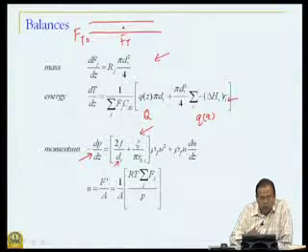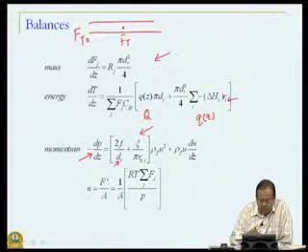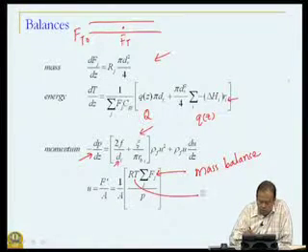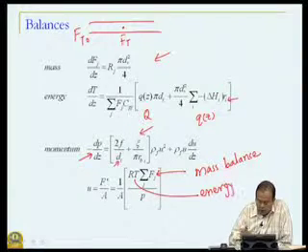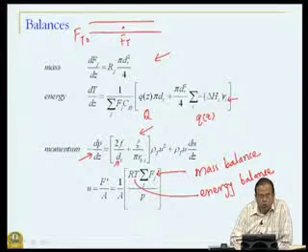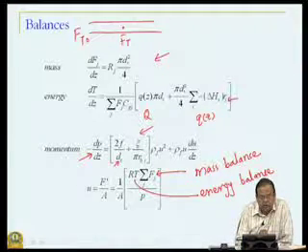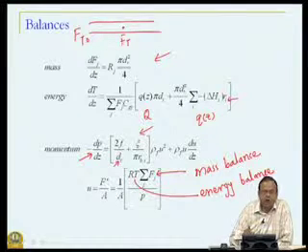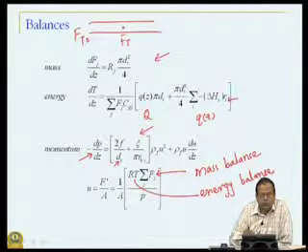Velocity now, if you look at, is R T summation F_j by P. F_j coming from mass balance equation, temperature coming from energy balance equation. So, our momentum balance equation is coupled to mass and energy balance equation.